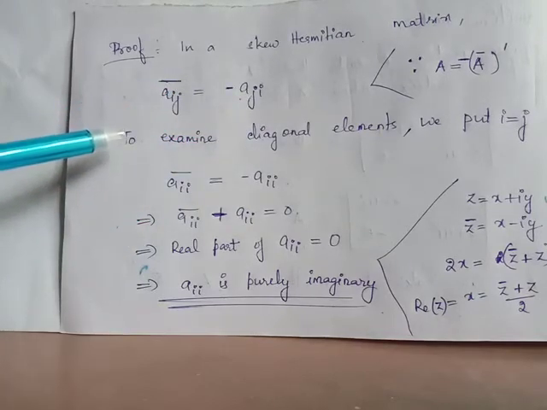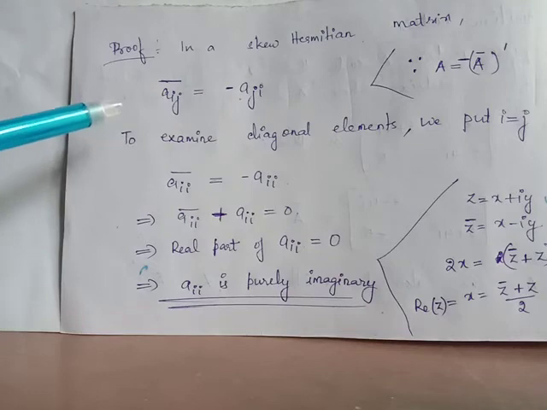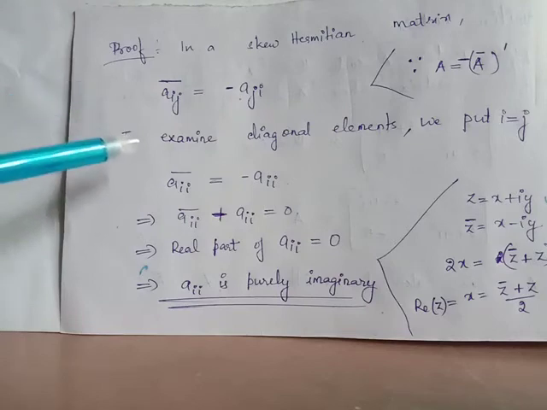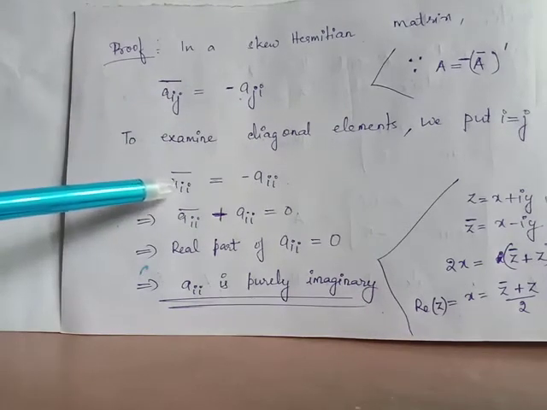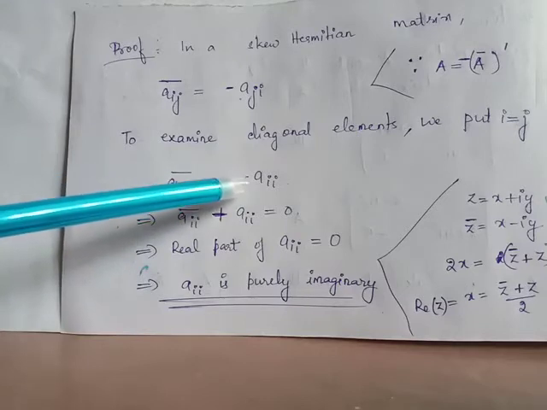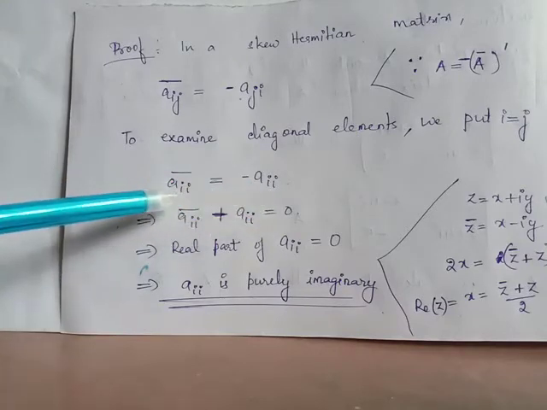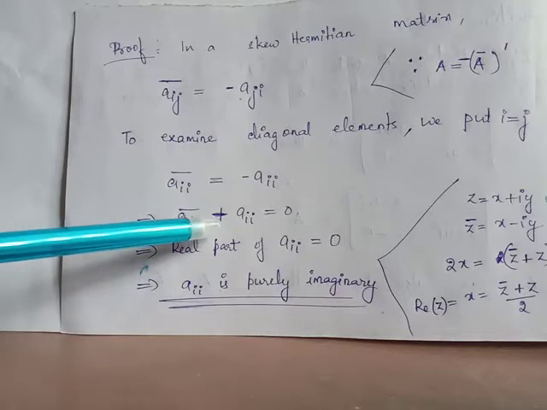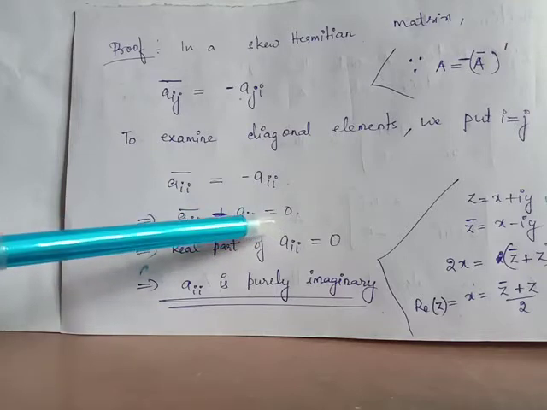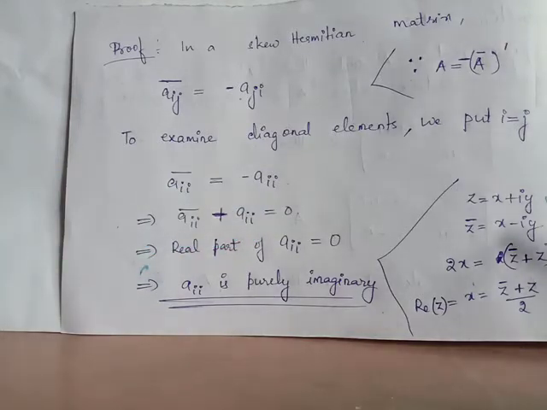When we wish to evaluate the property applicable to diagonal elements, we will substitute i equals j. Then this property reduces to Aii conjugate equals minus of Aii, which can also be written as Aii conjugate plus Aii equals 0. For a complex number z equals x plus iy, we have the conjugate z bar equals x minus iy.